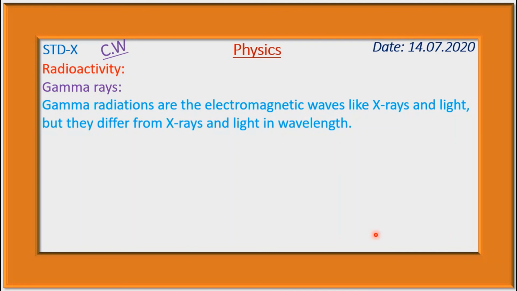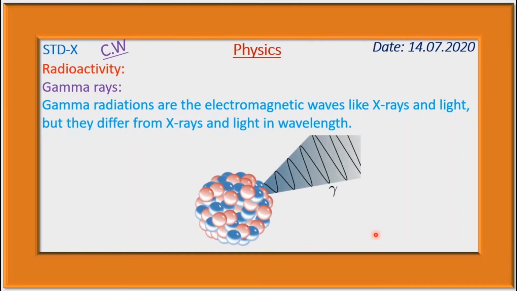The wavelengths of gamma rays, X-rays and visible light are different, and gamma rays are emitted from the nucleus of the atom, and X-rays are emitted from the atomic orbit of the atom. Here gamma rays are emitted from the nucleus.